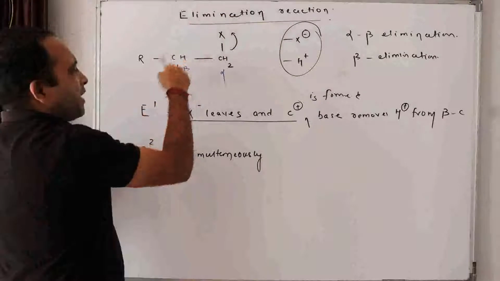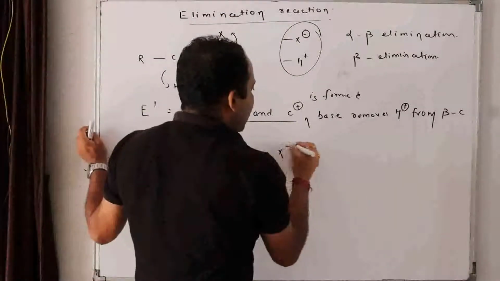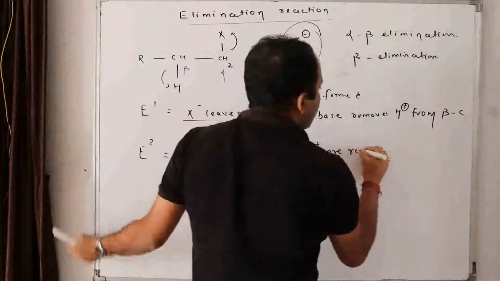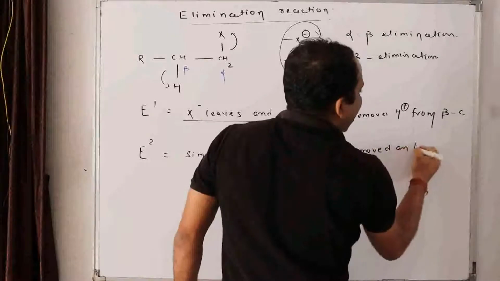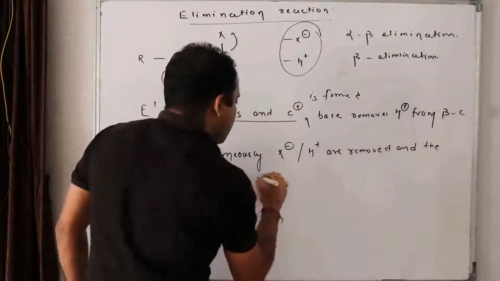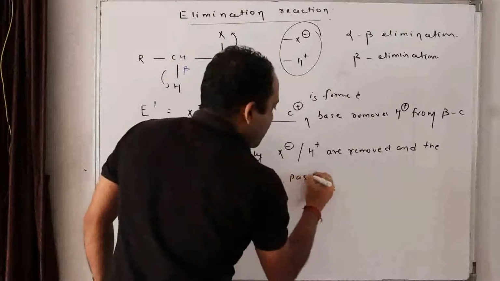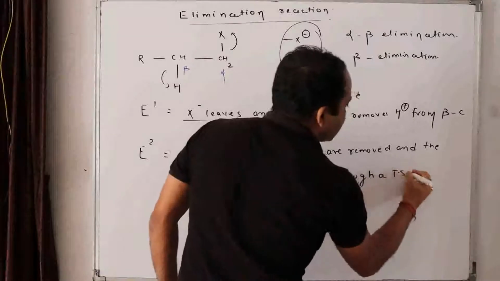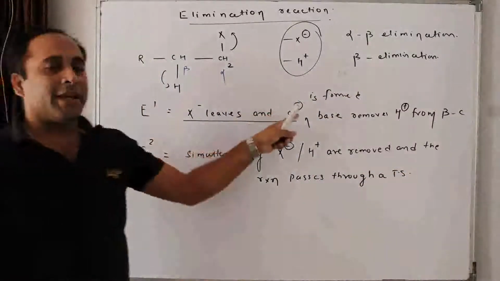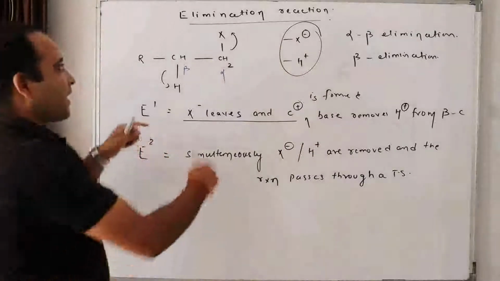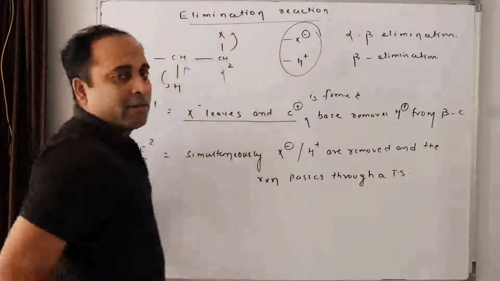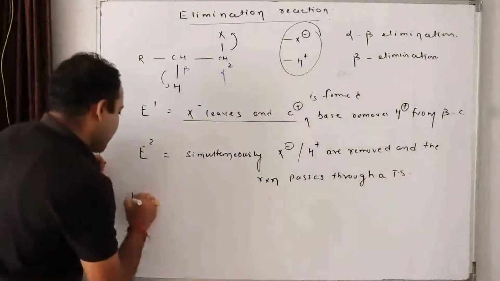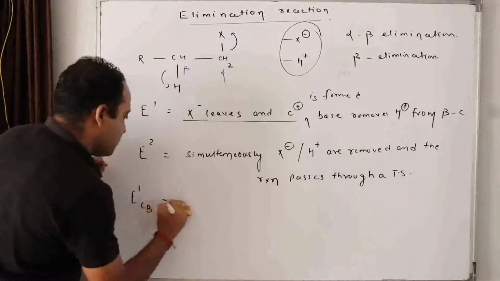Simultaneously, X minus and H plus are removed, and the reaction passes through a transition state. No carbocation intermediate is formed here. X and H are removed all at once, together. That we call the E2 mechanism. Clear?